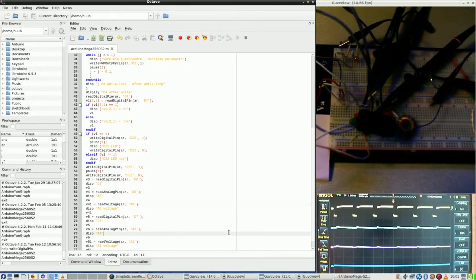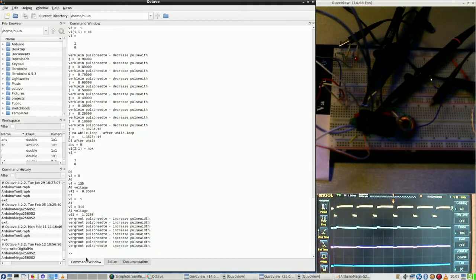But according to the information, read analog pin also reads the voltage. So if so, then why is this so completely different? If this would have been, let's say, 850 instead of 0.850, I would have understood.